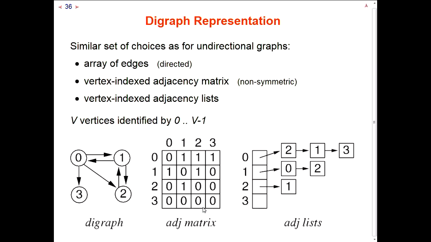Or you can use an adjacency list like we have used before, where you have all the adjacent vertices here. And again, it's not symmetric. Just because a node appears in the adjacency list of one node doesn't mean that this one node appears in the adjacency list of the other node. This is the case with 0 and 1, but not with 0 and 3, for example.